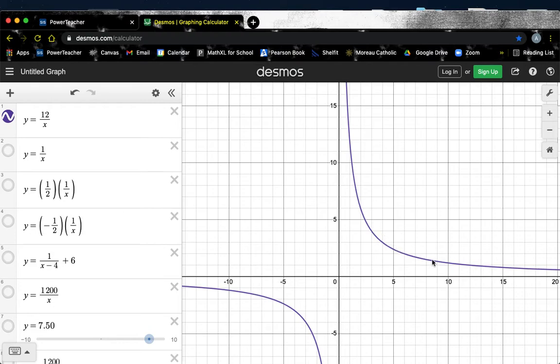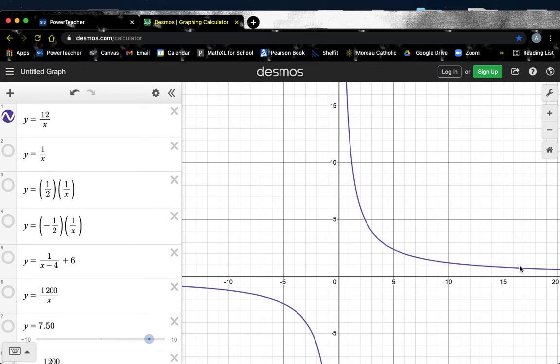As x gets smaller and smaller, y gets bigger and bigger. As x gets bigger and bigger, it gets closer to the x-axis. Alright, so we have an asymptote at the x-axis, we have an asymptote on the y-axis.